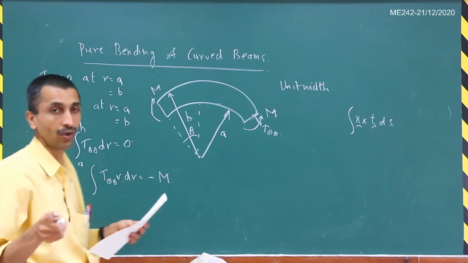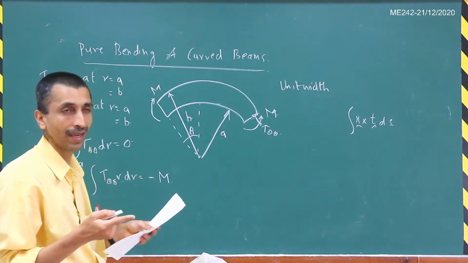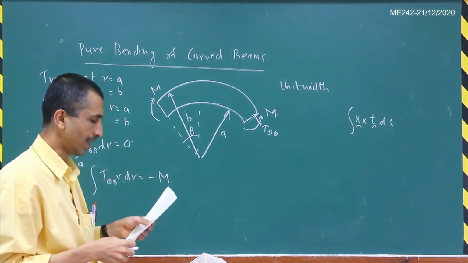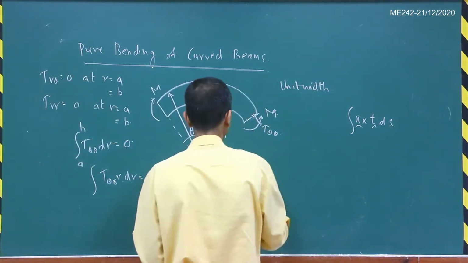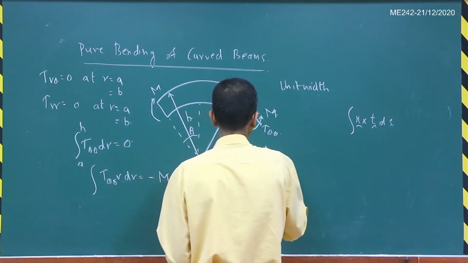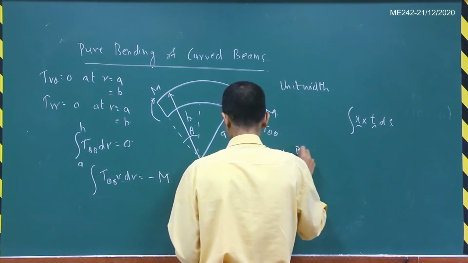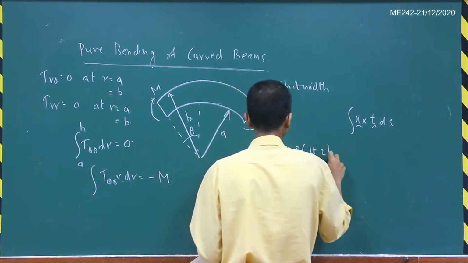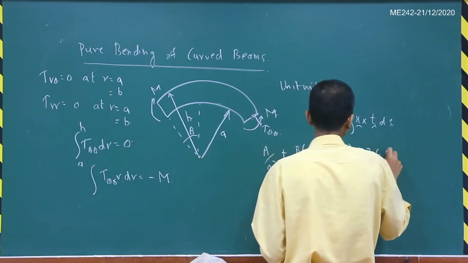We have already looked at the axisymmetric solution, and we will apply that same solution in this case. So what you will get is A by a squared plus B times 1 plus 2 log a plus 2C is equal to 0.